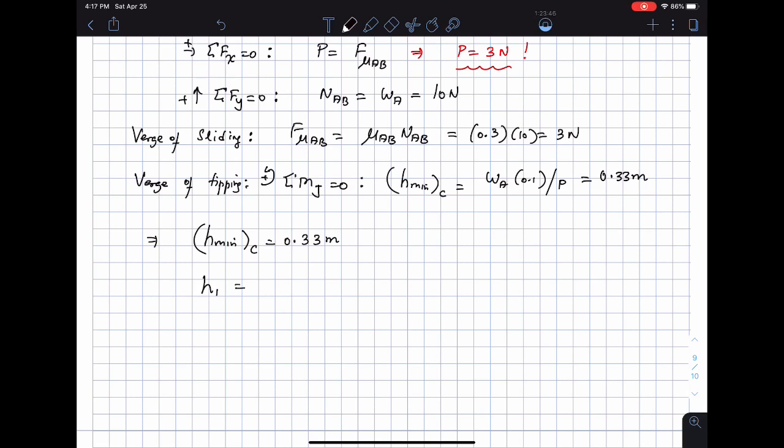H minimum C is 0.33 meters. H1, which is given to us in the problem, was 0.025 meters, and so H minimum C is greater than H1, which implies that this case can be discarded. So box A cannot tip, which means that we can discard case 6.